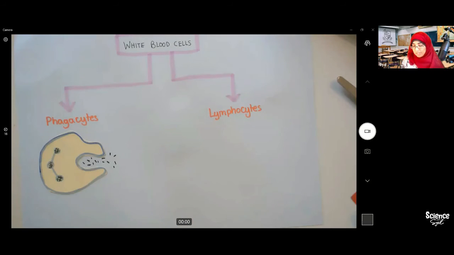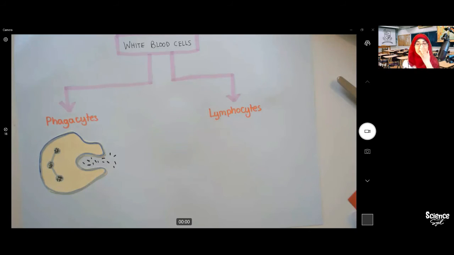These produce antibodies. So you might have heard this word. Sometimes we take vaccinations, which will give us antibodies. And sometimes our body will naturally produce antibodies when there is a foreign microorganism or pathogen that has entered our body and our body tries to fight it.